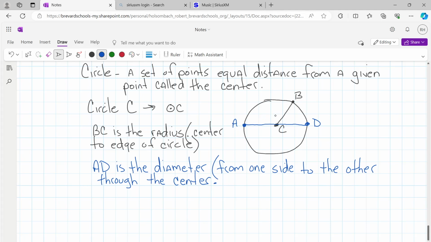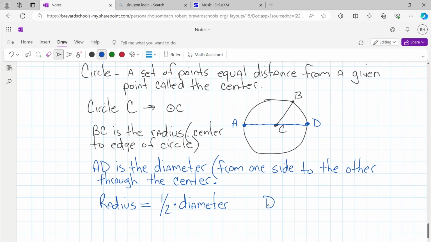Now the radius is always equal to 1/2 times the diameter. The radius is equal to half of the diameter.